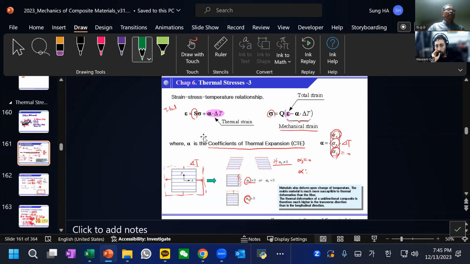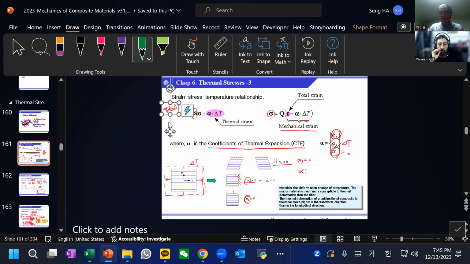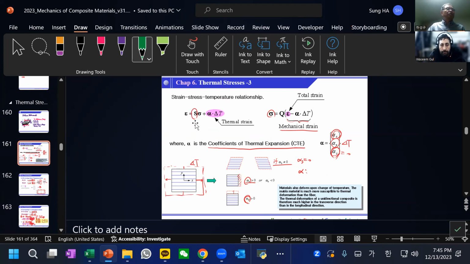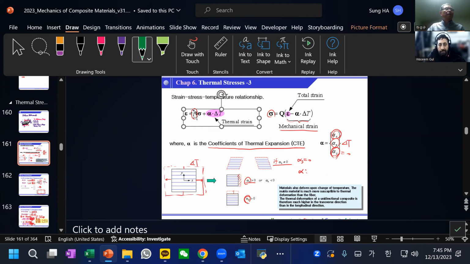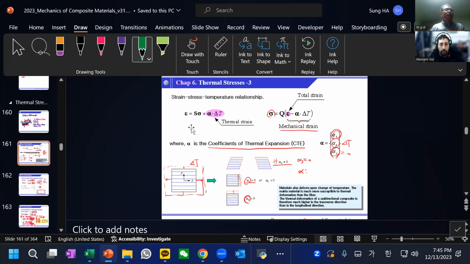Okay, so the most important point, we need to start with the stress-strain relations of each ply. The relation between strain and stress is always a compliance. This is a compliance, so this is the total strain due to a mechanical stress. And now we have a strain due to a temperature increment.